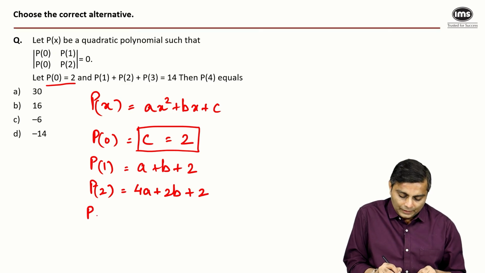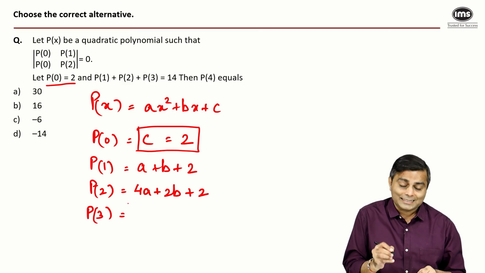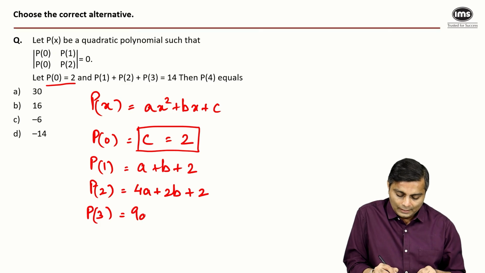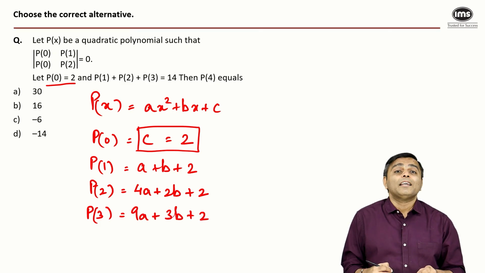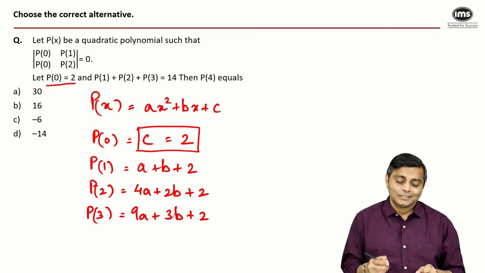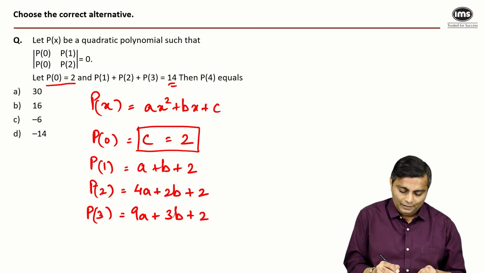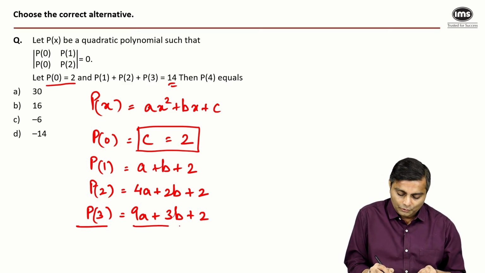Go to P of 3. P of 3 is 3 square, 9a plus 3b plus 2. They have said that addition of all these three guys is 14. Okay, so when you add these three, this is going to be equal to 14.